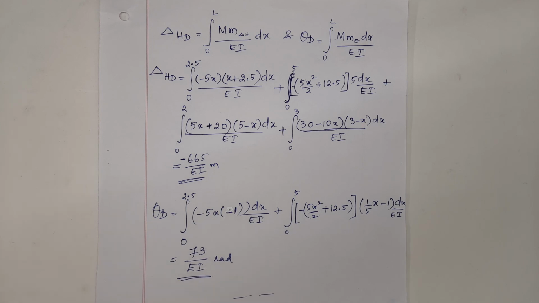So in this video, we have discussed how the unit load method or virtual work method is applied for simple determinate beams and frames. Here in this method, we have calculated deflection and rotation not only at the loaded point but also away from the loaded point. That is an advantage of using this method.